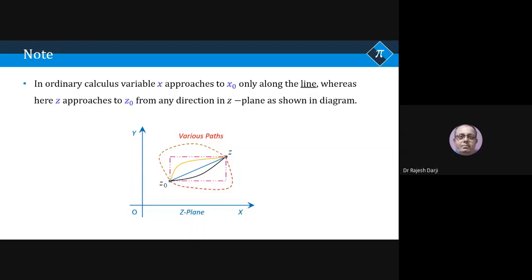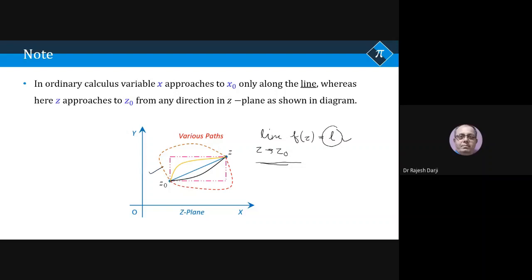Now, what does the existence of the limit mean? This is the problem. You can say that the limit of the function f of z as z tends to z0 exists and equals L provided this limit is the same, unique, for all paths along which you approach z0.